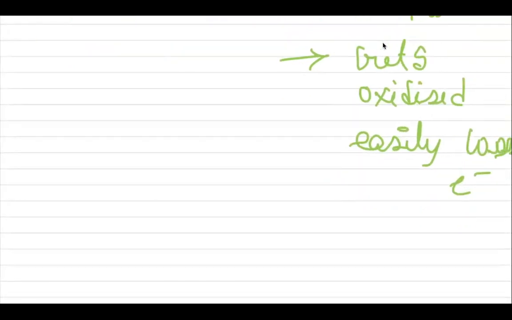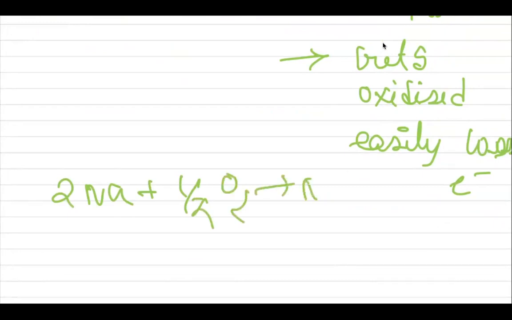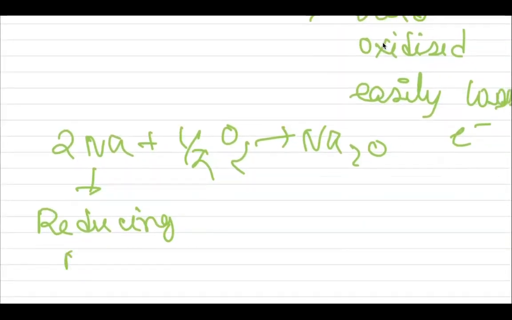Just one example: when sodium is reacting with half O2, it forms Na2O. So here sodium easily loses electrons, so it will be the reducing agent. And oxygen will be the oxidizing agent.